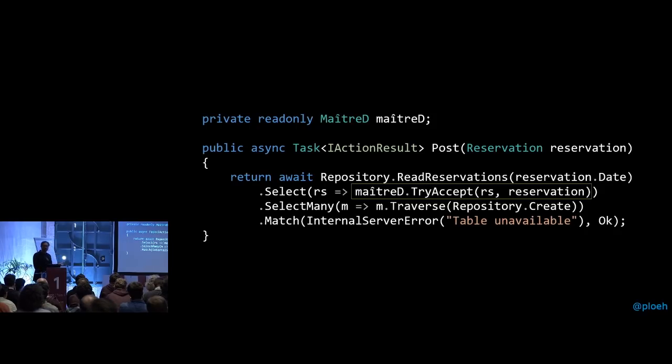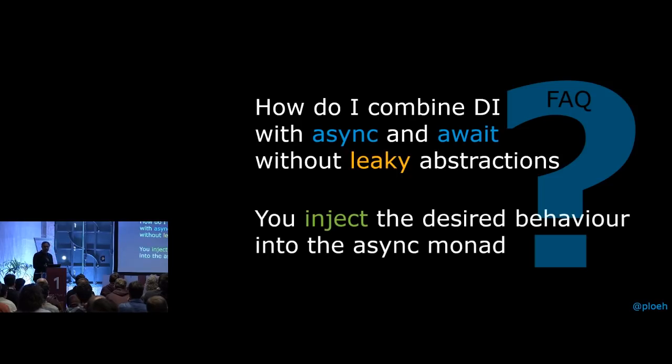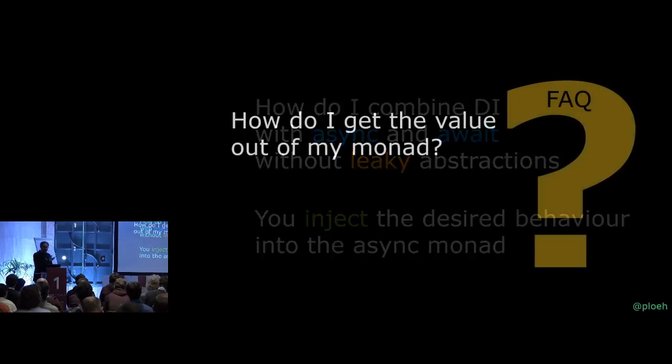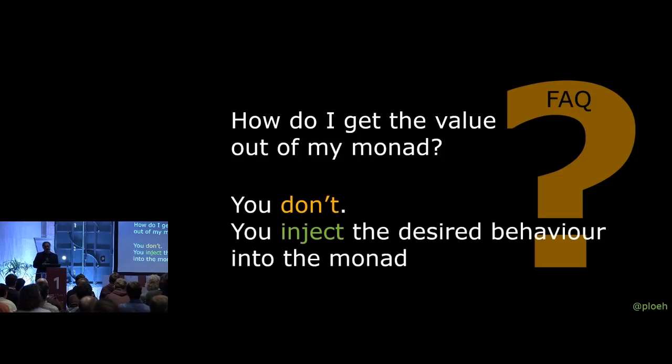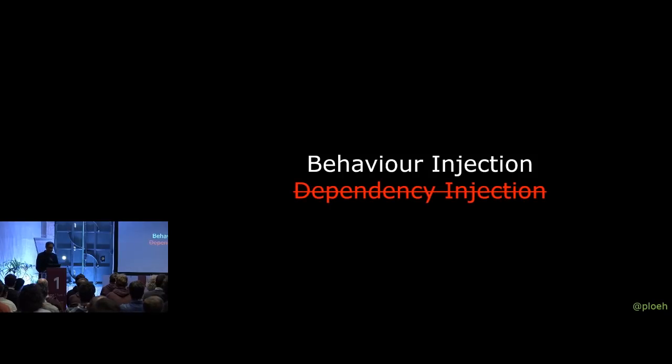It's just doing whatever it's designed to do. So how do we combine async and await without leaky abstractions? Well, you inject the desired behavior into the async monad, or the Task of T monad. And this is just a specialization of the answer that we already arrived at with monads. You just inject the desired behavior into the monad. So we should have known this already. So behavior injection, not dependency injection.